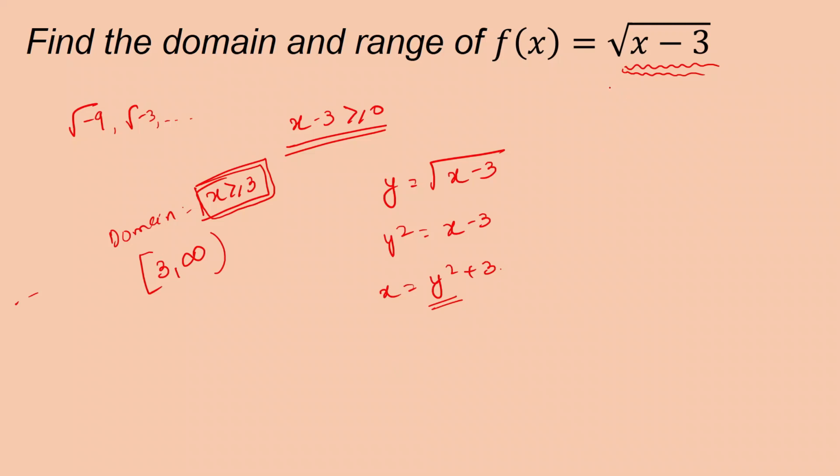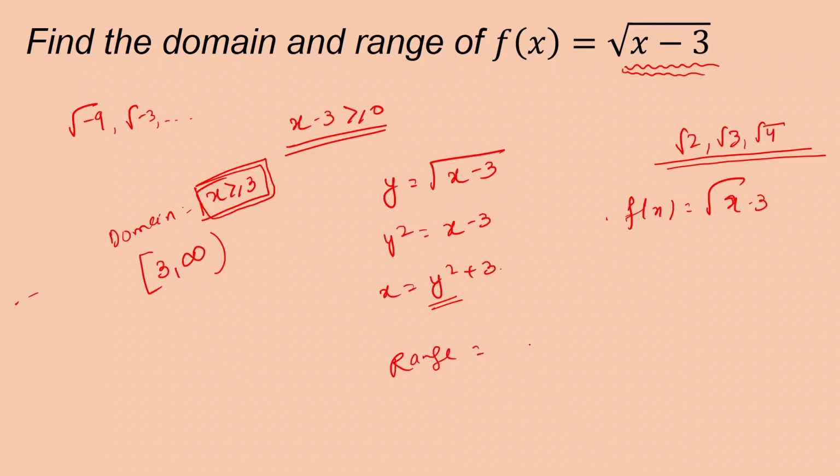But actually, if you think, this function f(x) is equal to root over x minus 3 can never take a negative value. For example, it can have root 2, root 3, root 4. All these values will actually be positive. We cannot have negative values. So this is actually the range of this function.